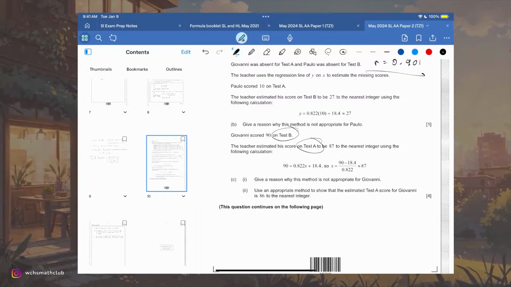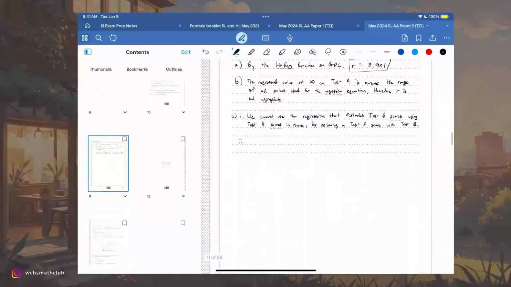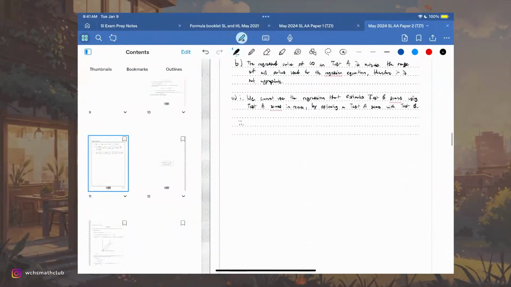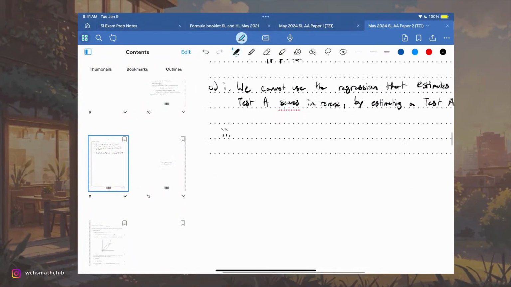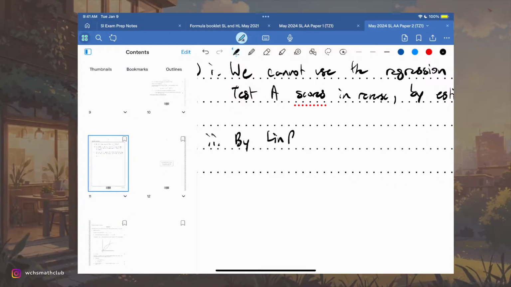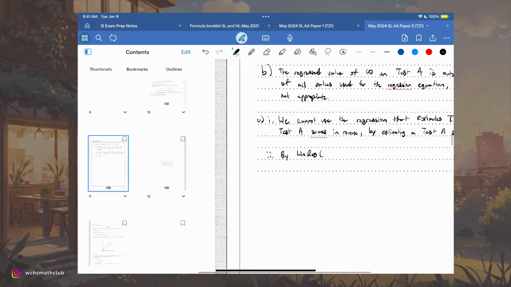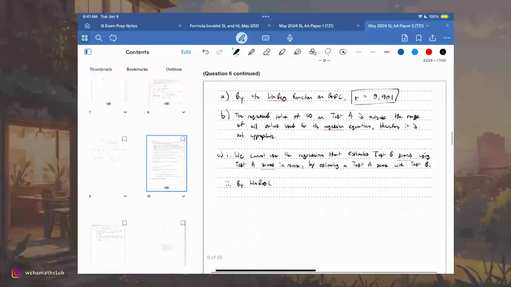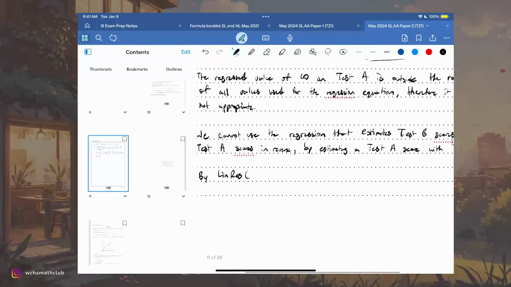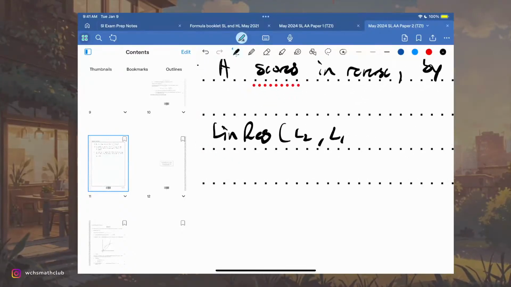So now we get the equation y equals 0.987x minus 3.22. So here we have by linreg, which is our linear regression, and essentially we define L2 and L1 like so.